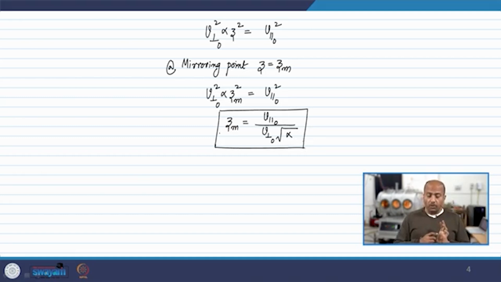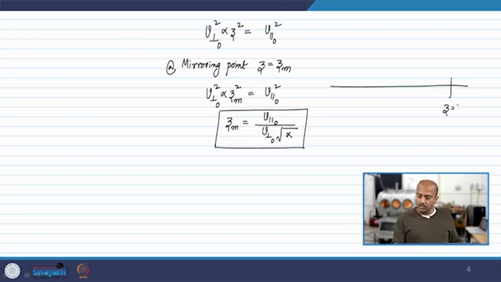So, this is a very important result. Zm is the point at which the magnetic field will make the particle bounce back into the weaker magnetic field, and this point along the axis of the magnetic field, let us say, is Z equal to Zm.